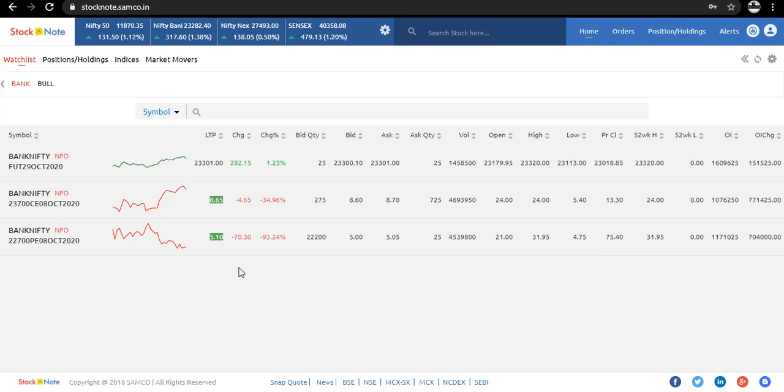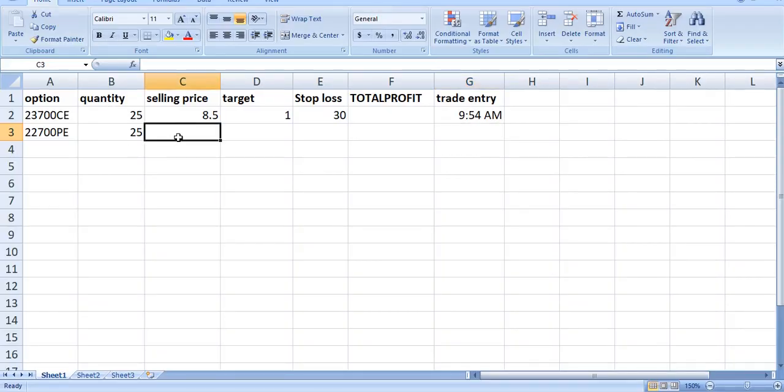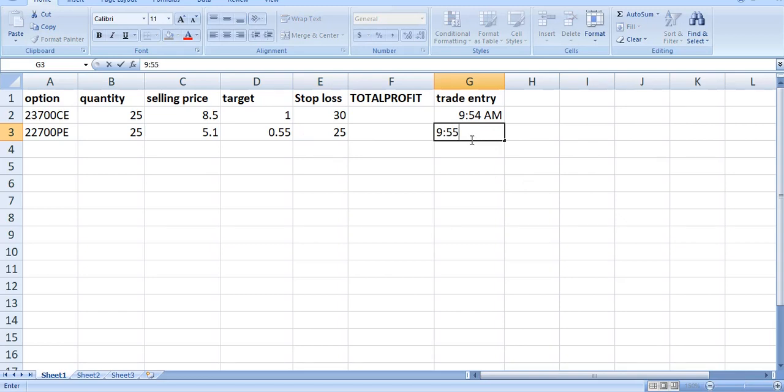It is currently trading at 4.95. We will place our order at 5.10. So we are entering a limit order at 5.10 with a target of 0.55 paise, and here our stop loss will be 25, and the time at which we are entering is 9:55 a.m. Okay traders, so we have placed our limit order at 5.1.